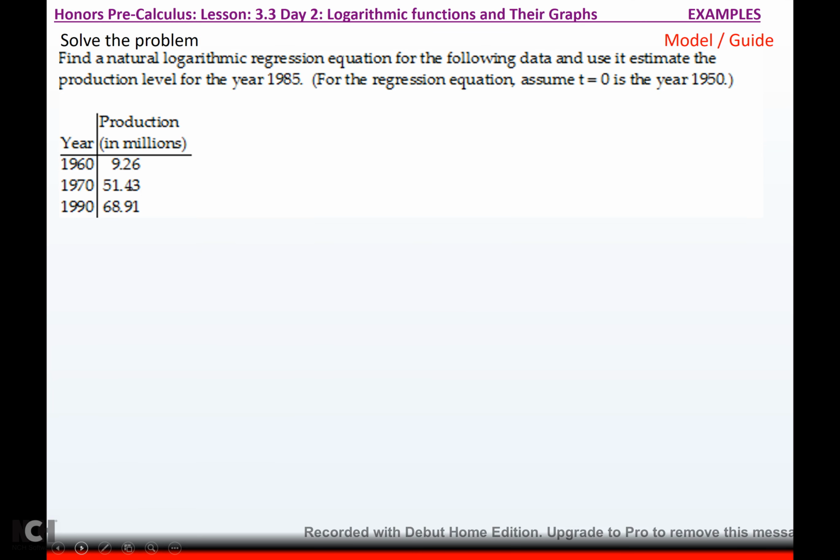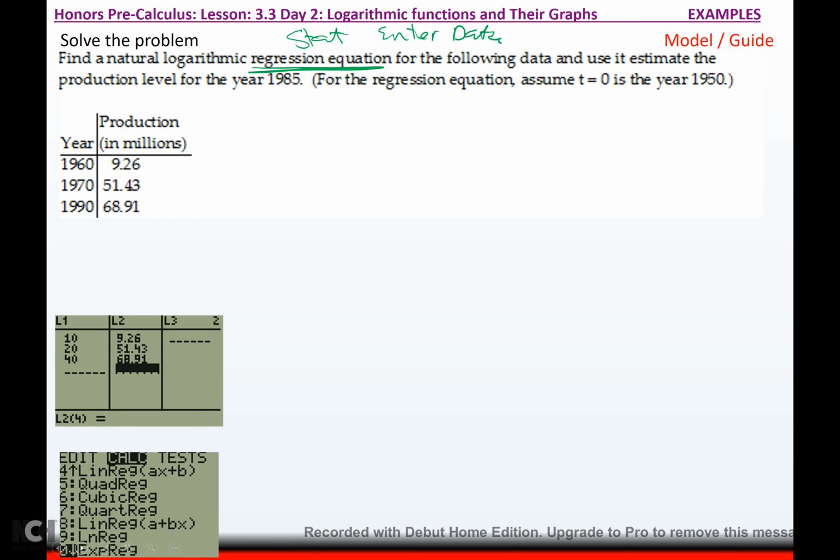Okay? All right, now find a natural logarithmic regression equation. Whenever you see regression equation, they're telling you to go to stat and enter data. So I'm going to go to stat, and I'm going to enter my data. Now notice how I put 10, 20, and 40 in for L1 instead of 1969. That's because you don't want to use the 4-digit year. It says assume that t equals 0 is the year 1950.